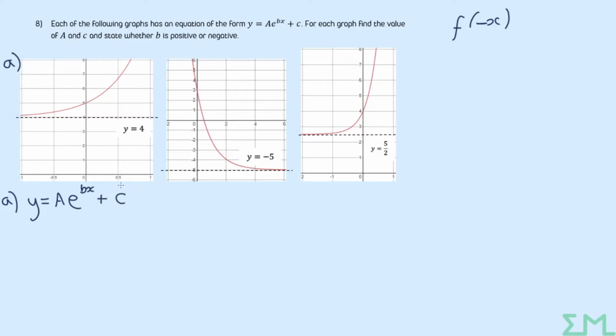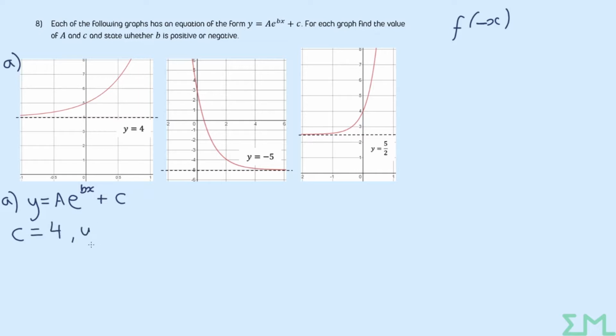So we're going to need to use the intersection point and the asymptote to work out what's going on. Now the plus c, that's clearly going to do some kind of shifting of the exponential graph, like a transformation, and therefore our c, just through that knowledge, must be 4.